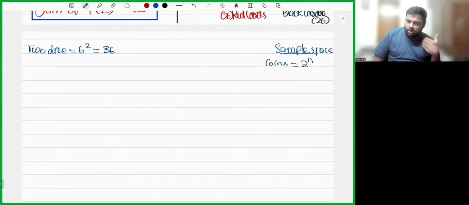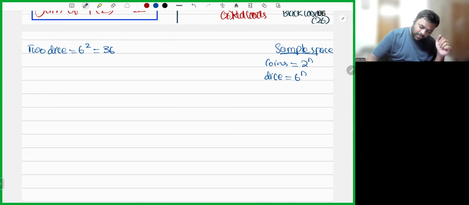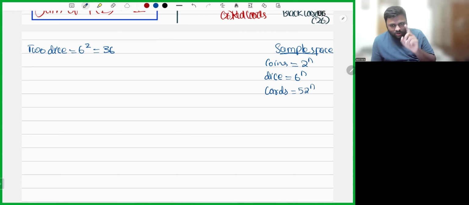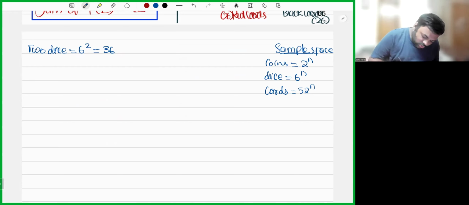If you toss 3 coins, 2 cube. If you toss 4 coins, 2 power 4. Next, for dice, it will be 6 power n. For 1 die, 6 power 1. For 2 dice, 6 square. For 3 dice, 6 cube. For cards, 52 power n will be the sample space. For 1 pack of cards, 52 outcomes. For 2 packs of cards, 52 square outcomes. Okay. Now, what are these 2 dice, sir?